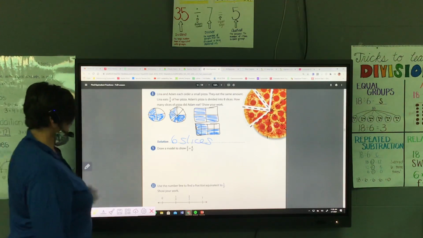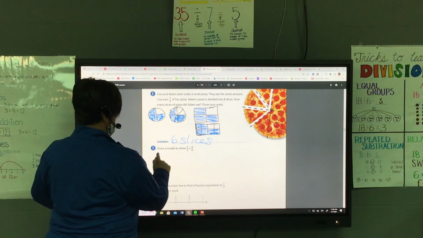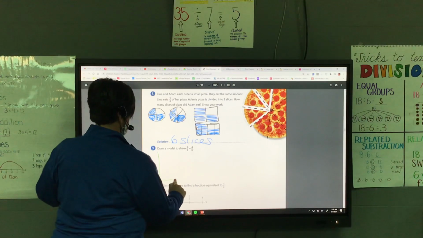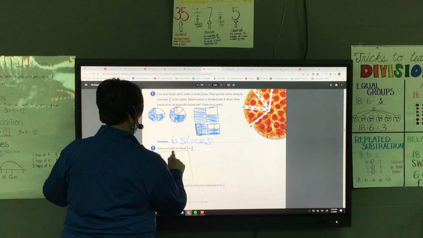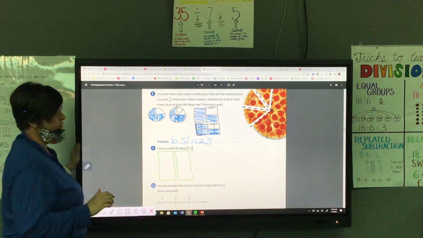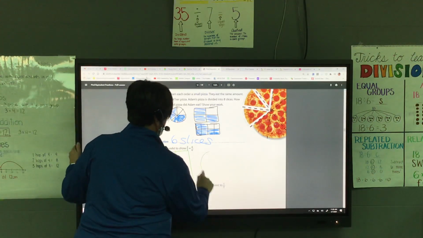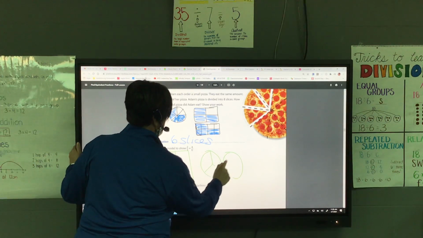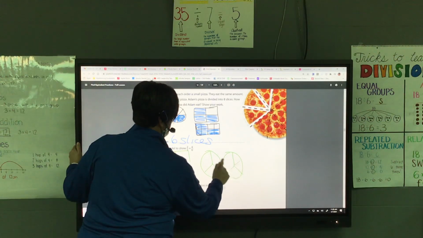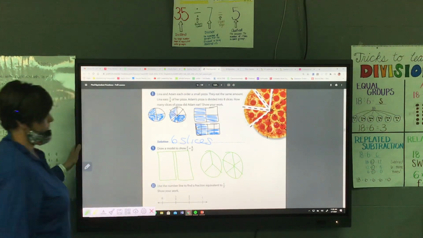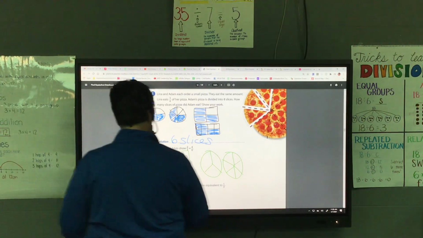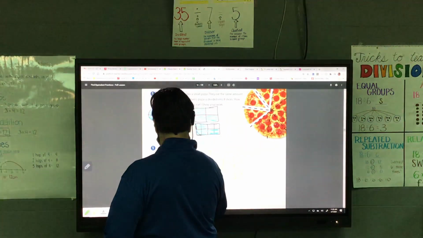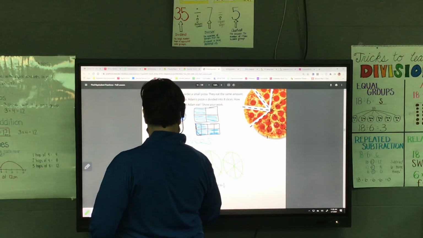Now on this next one, draw a model to show 2/3 is equal to 4/6. If you struggle with the circles, it might be best to not do them. Thirds, sixths, right?